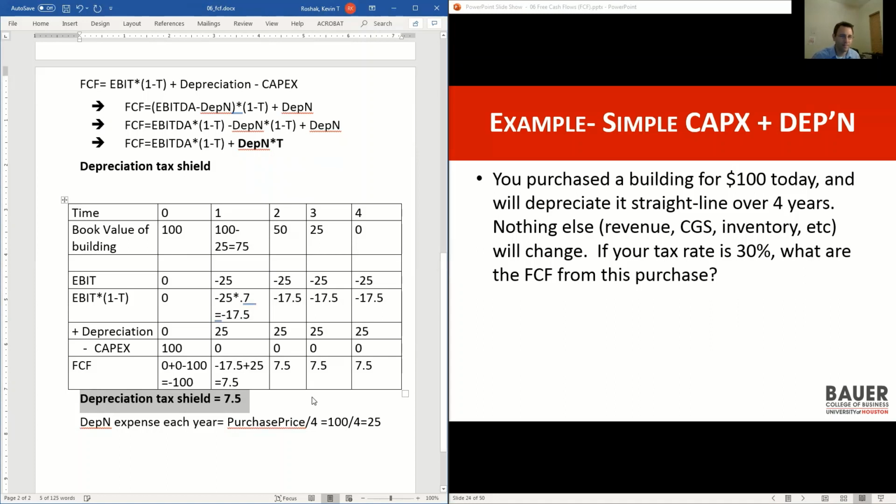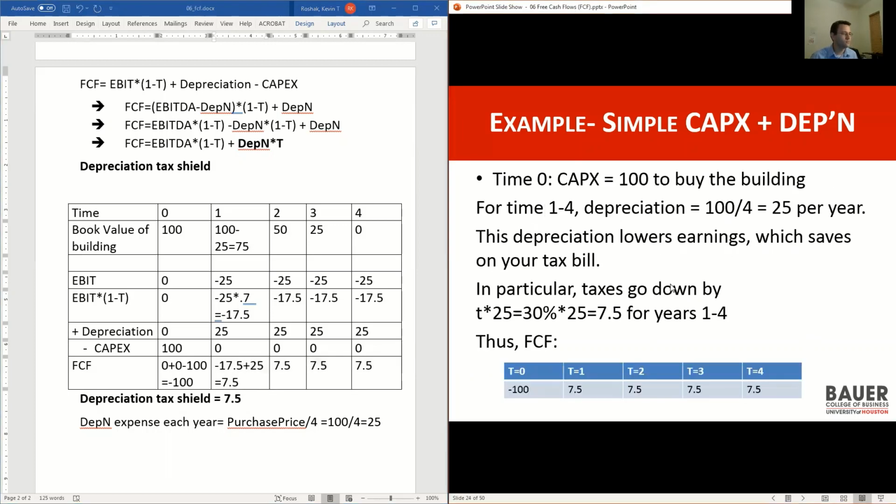You're not doing anything, but that depreciation is lowering your taxes, and that's a cash flow that you care about. So your cash flows are actually going up by 7.5, the amount of that tax shield. Obviously, the cash flow at time 0 is intuitive, right? You wrote a check to buy the building, so that makes sense. But what's less intuitive are these tax shields that are showing up because of these accounting rules. Okay, so here it is worked out in the slides.